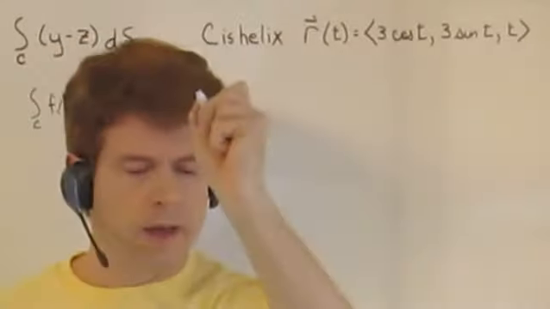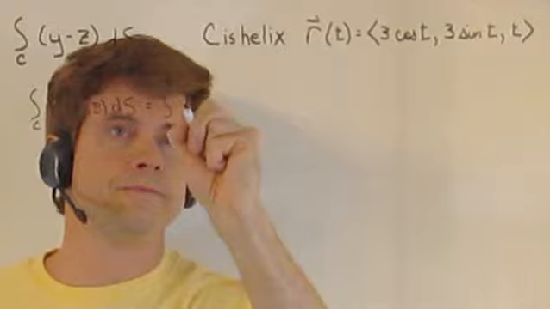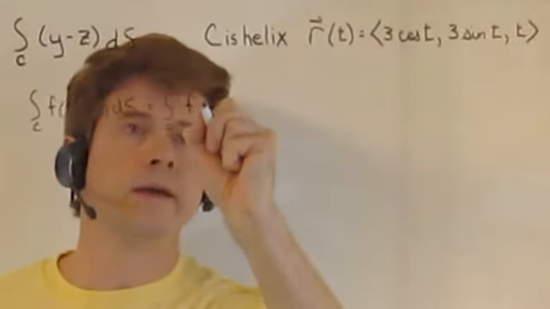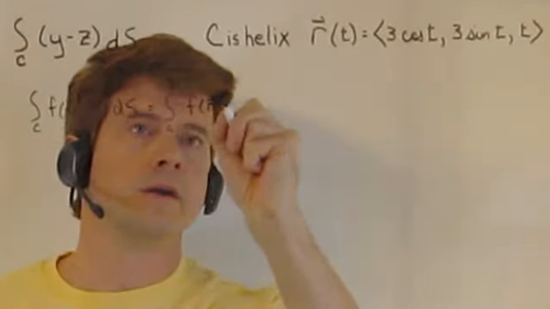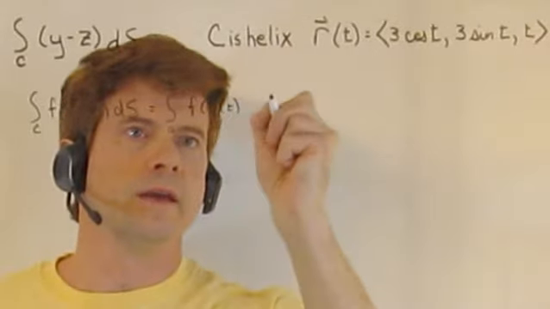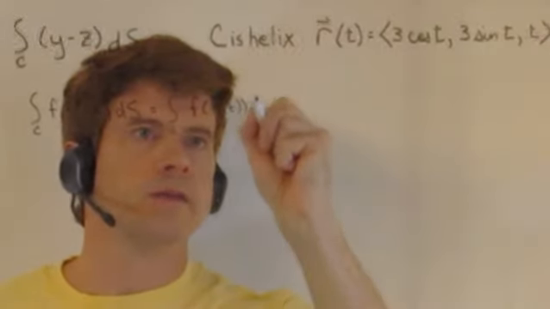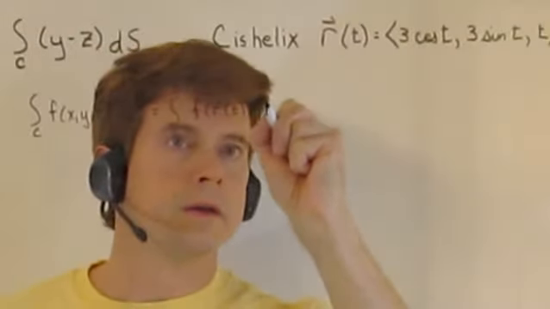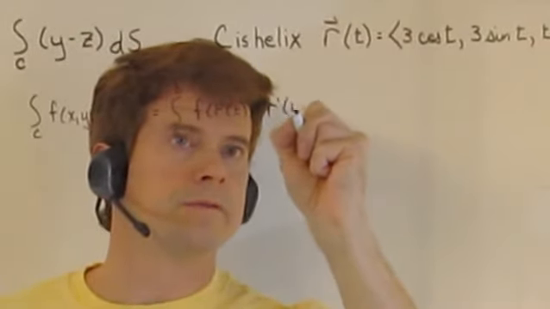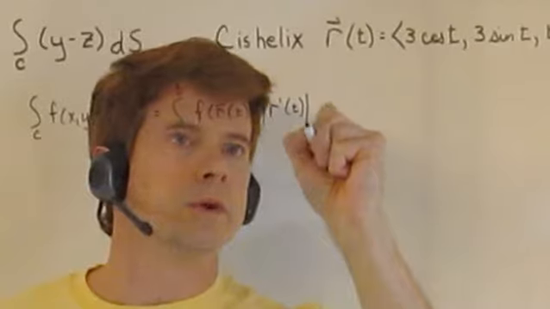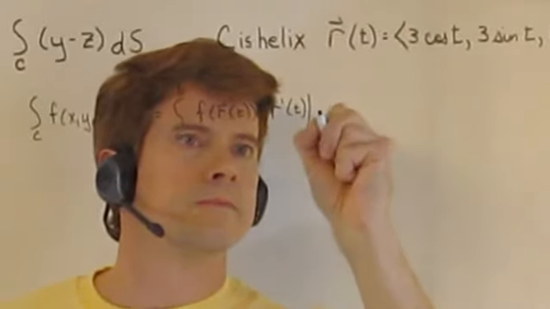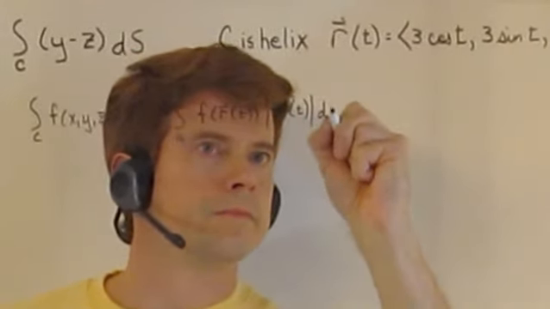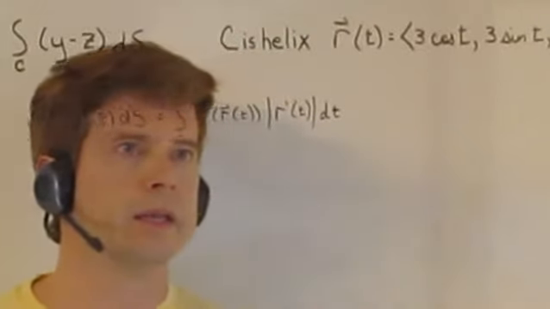Now, doing our function, we can write it this way: f of r of t, and then take that times the first derivative of that equation, the helix.